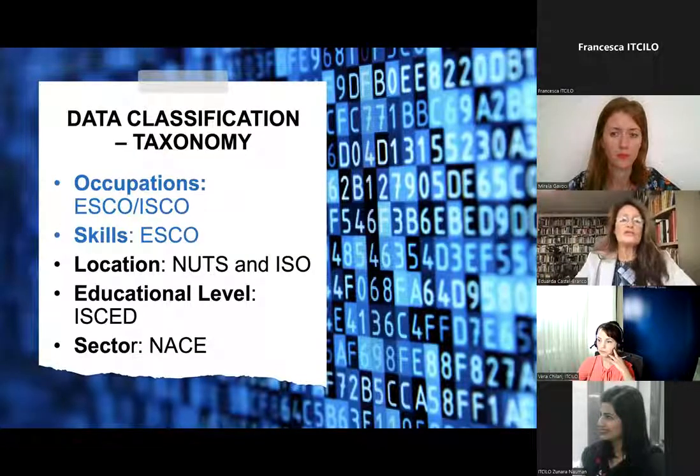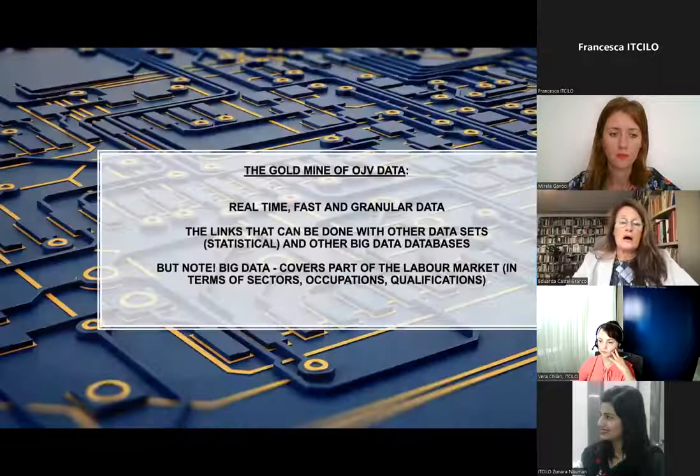I've already mentioned, but it's never too much to say, that we are obviously working with the international taxonomies and classifications, so that the results are understandable and comparable, and can also be used by the conventional labor market institutions and instruments.